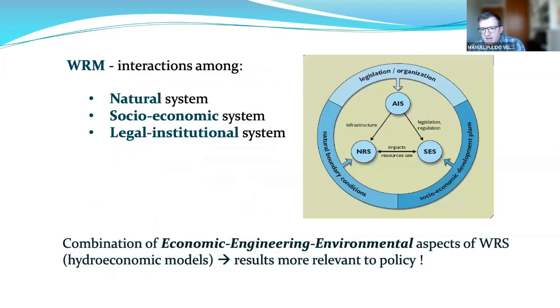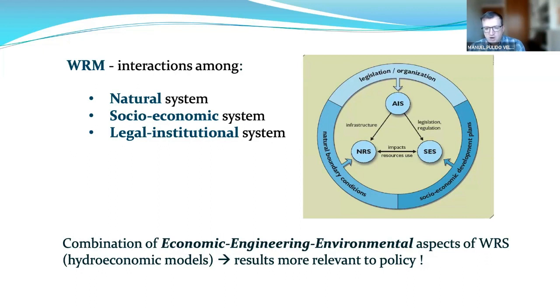And this has to be done integrating the natural system, the socioeconomic system, and of course, the legal and institutional framework, because we have to find solutions that are feasible considering the context for the water resources system.